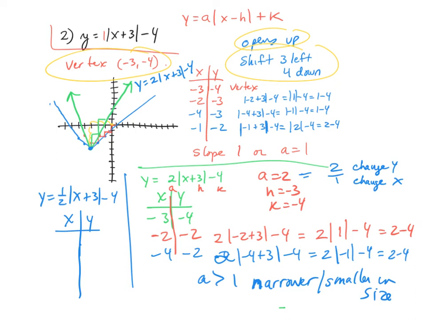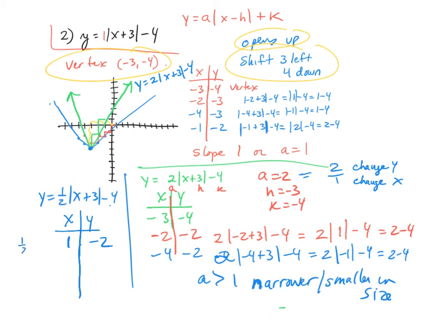Now, if I pick 0, 0 plus 3 is 3. 1/2 of 3 is going to be a fraction. So I would pick something that's going to make it a little easier to do. 1 plus 3 is 4. Half of 4 is 2. And 2 minus 4 is -2.